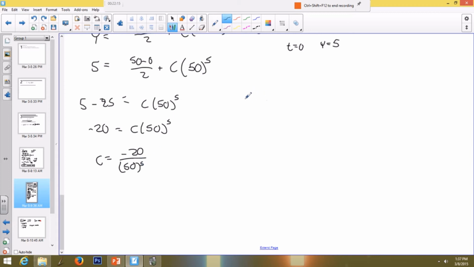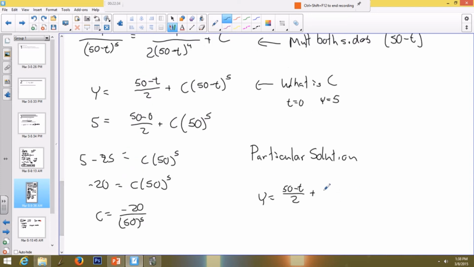And so my particular solution is going to be y equals (50 minus t) all over 2 plus c times (50 minus t) to the fifth. That looks good.